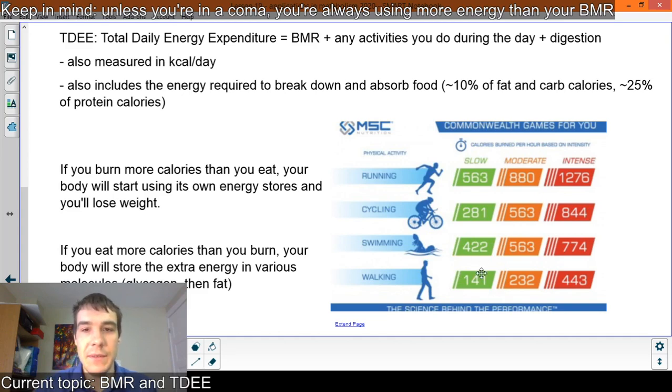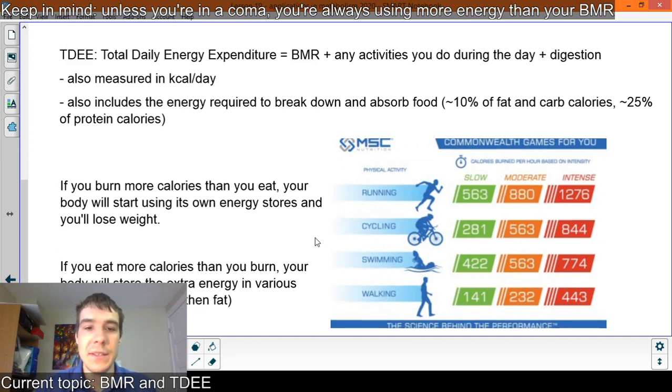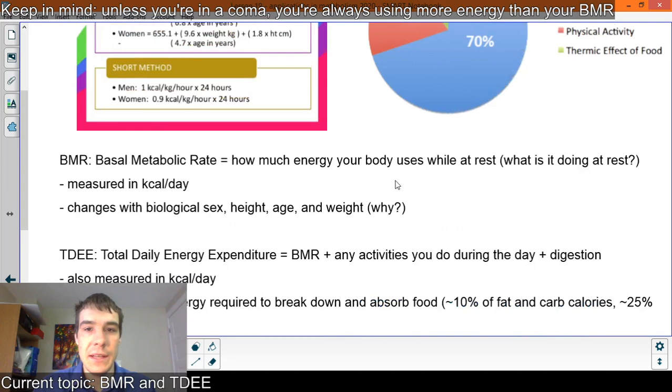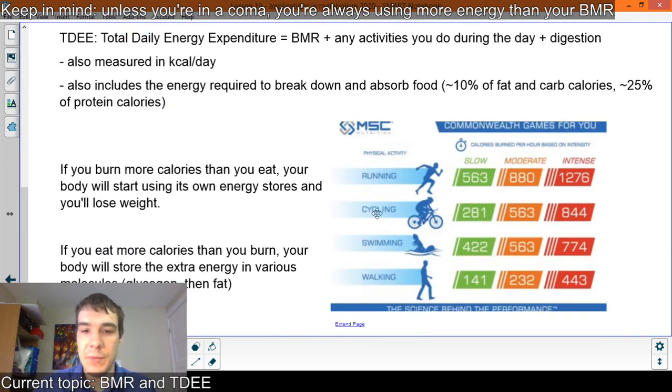So that's one of these things about making lifestyle choices. You can either move more or you can eat less. Both make a difference in your total energy balance for the day. And then just some basic thermodynamics.